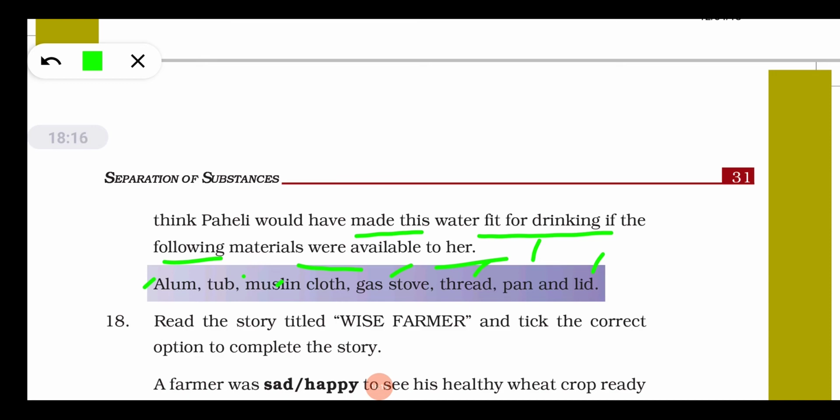So this alum causes the settling down of all the impurities which are present in the water. Okay, so when she puts alum inside the water, all the impurities get settled down at the bottom and water from the top can be decanted. Okay, decantation process is carried out.